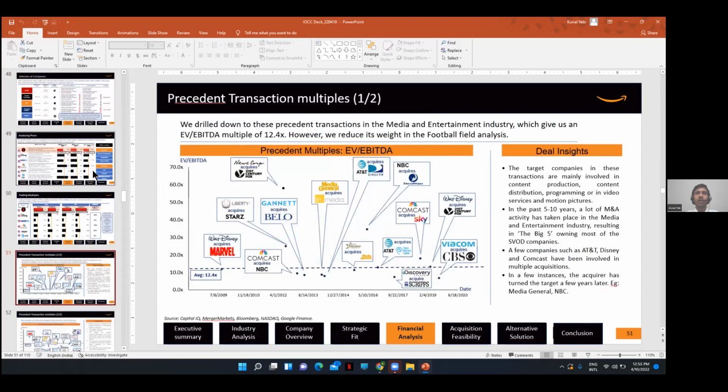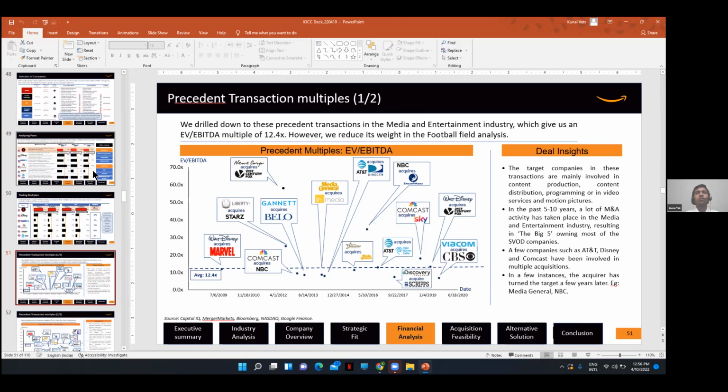Then we have precedent transactions, and precedent transactions would basically mean going through the different M&A transactions that have happened in this industry in the past and understanding what multiple they were executed at. So we're looking at two multiples here, EV by EBITDA, and on the next slide we have EV by sales. And we try to understand what the multiple values were in different M&A transactions in this industry in the last 10-15 years to arrive at the average multiple.